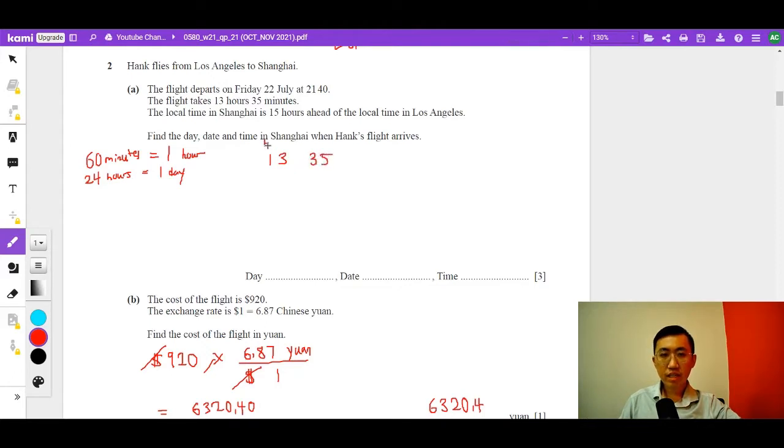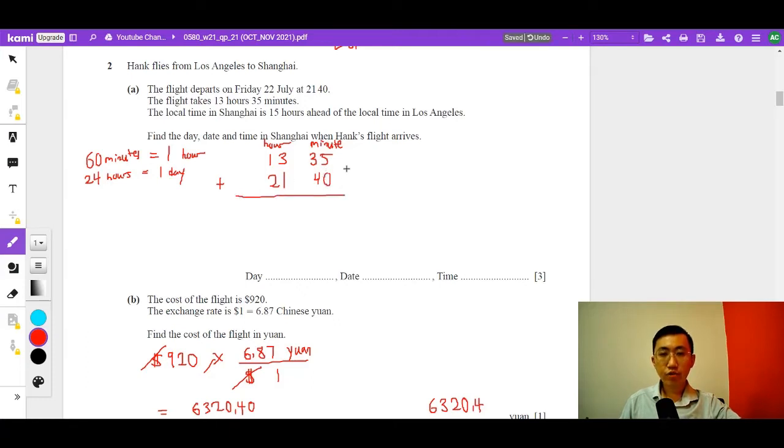So this is the hour system. This is the minute system. You have to add to 21:40. Your flight will take 13 hours 35. You have to add to this current time at 21:40. Alright, it's night time, 9 o'clock, 40 minutes.